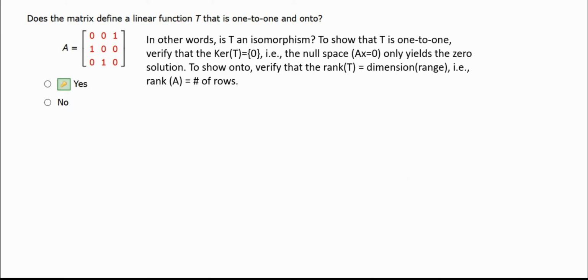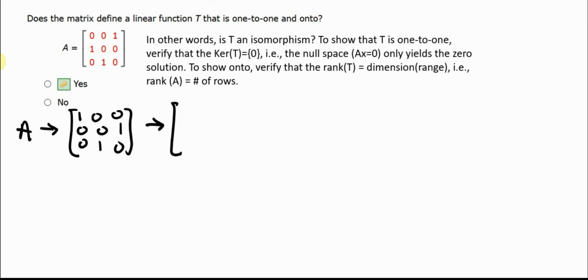Boy. Okay. So we have this matrix, and I'm going to reduce it just to see what's happening. We're going to interchange rows 1 and 2. It's going to be 1 0 0, 0 0 1, 0 1 0, and then now I'm going to interchange rows 2 and 3.